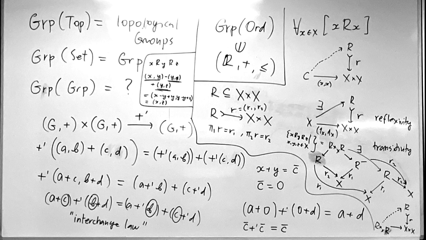That should be the same as first applying plus prime to each of them, and then adding them. This should be a different pair, sorry, maybe I'll call it C, D. I'm just writing down what it means for something to be a homomorphism.